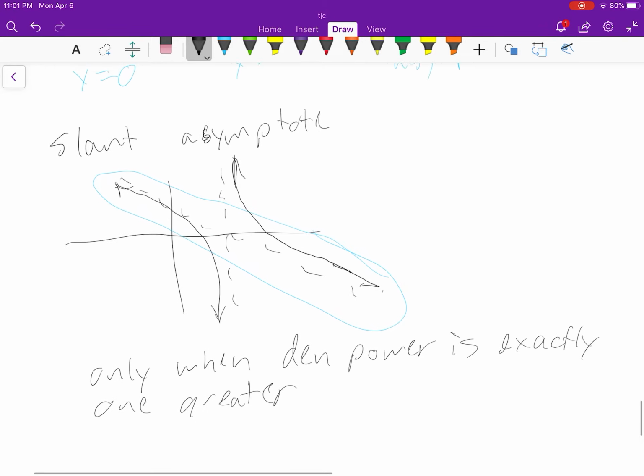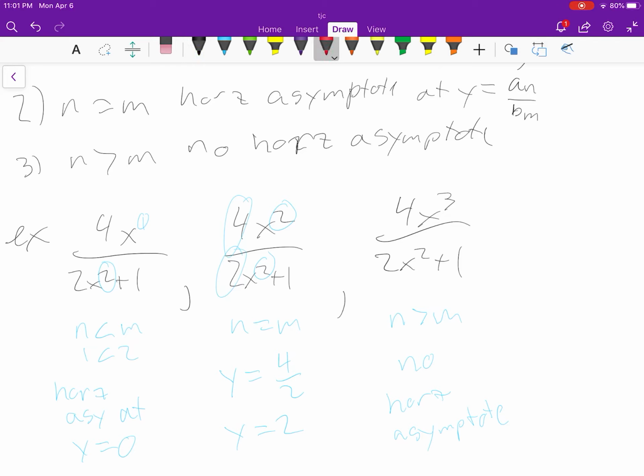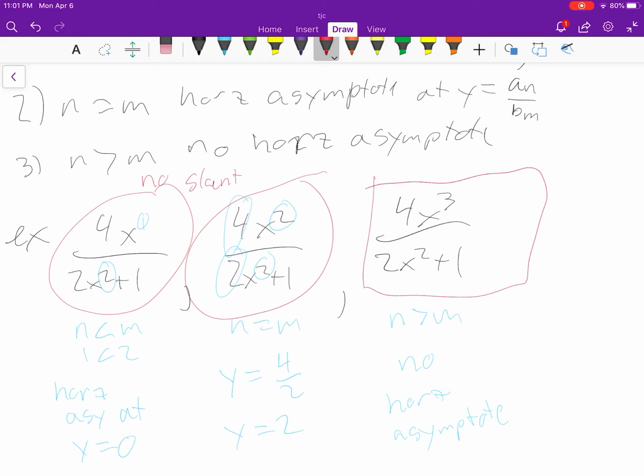So if we look at the examples above, these two, this one here and this one here, will not have a slant asymptote. This one, however, will.